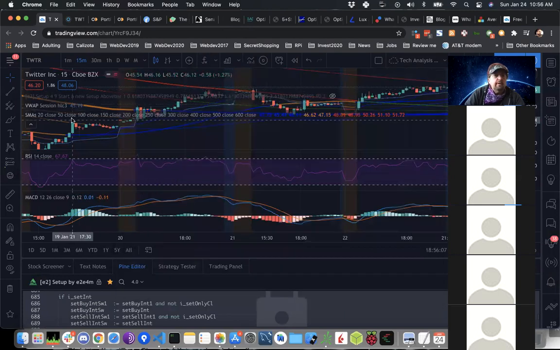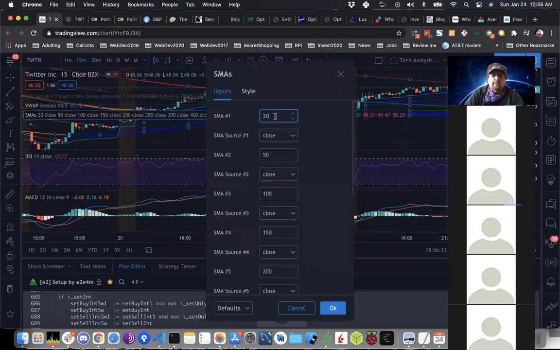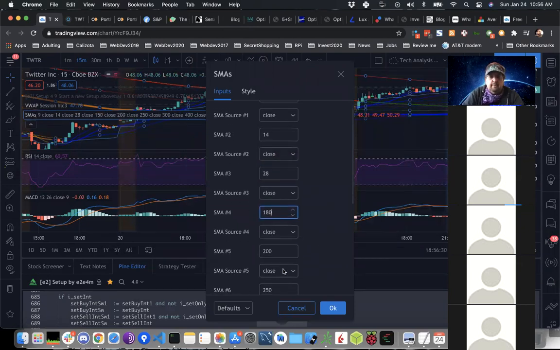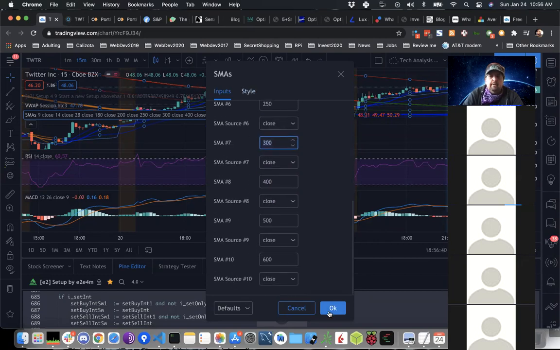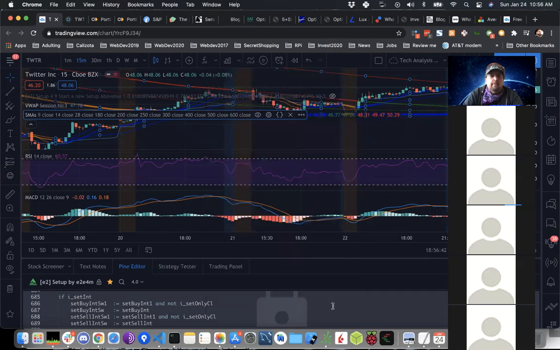And on the simple moving average, we want, what did he say? 9 days, 28 days, and 9, 14, 28, and then I think 180 is the right one for that. We don't need that many. We can have up to 10, but we only need 3.